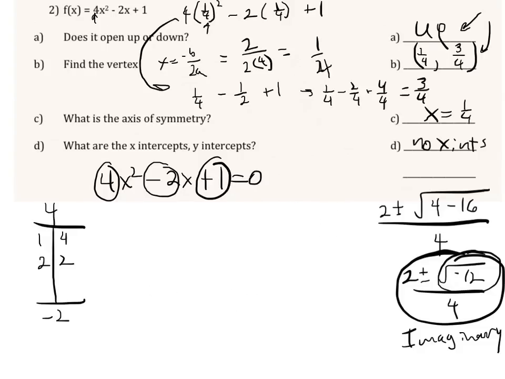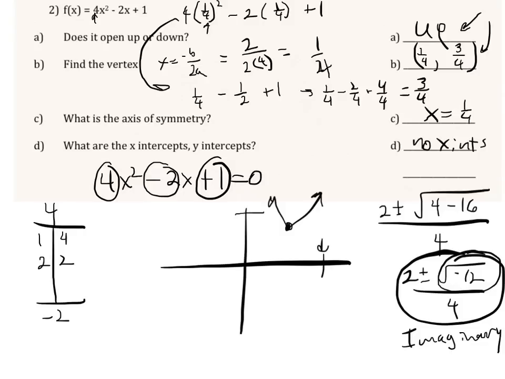Okay, so if I were to draw this, let's say 1's here, 1's there. So we're at a half, 3/4. Our vertex is here. Regardless of what else happens, it's at least going up, like that. So it'll never be headed towards the x-axis. So there couldn't be x-intercepts. Okay? So that's another way to look at it.